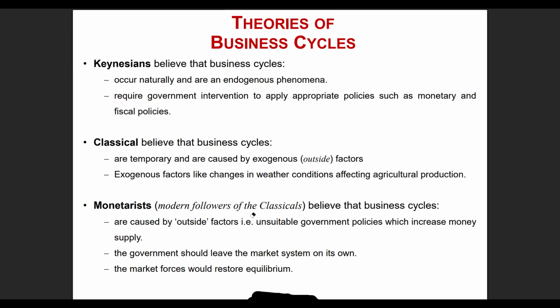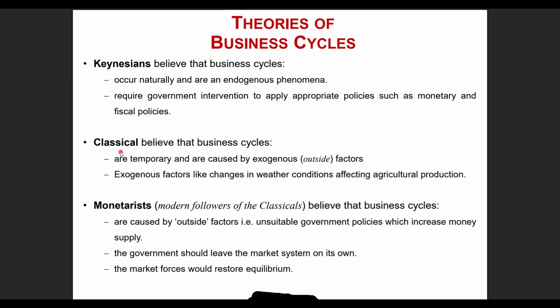And then we also have the Keynesians. They believe that the business cycles, those upswings and downswings, are caused by endogenous factors, which are factors within the market system, and that the government should intervene using monetary policy and fiscal policy.